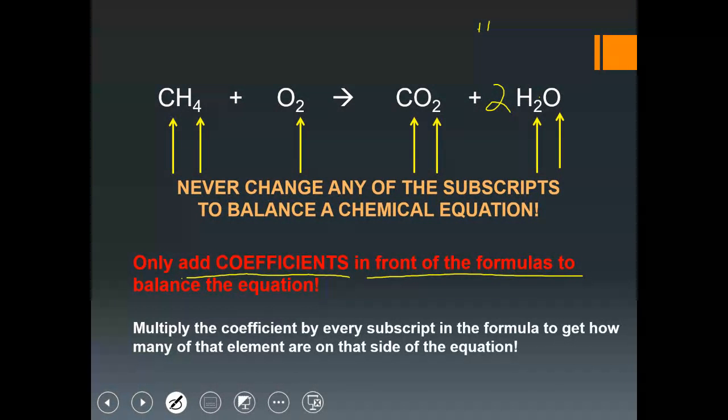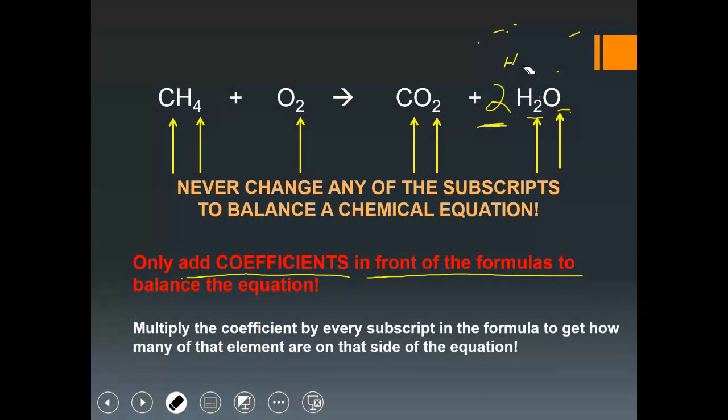If I have 2 molecules of water, and I'm trying to draw one here, there's one, and then I have another one, then you can see that with 2 separate molecules of water, I actually have 4 atoms of hydrogen. When you put a coefficient in front, you're actually multiplying that number by each one of the subscripts. Like here, we have 4 hydrogens and 2 oxygens by having 2 molecules of water.